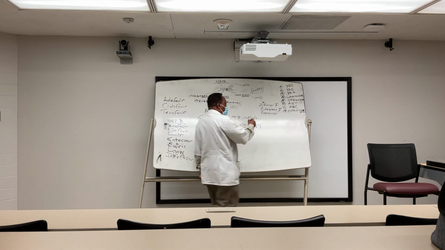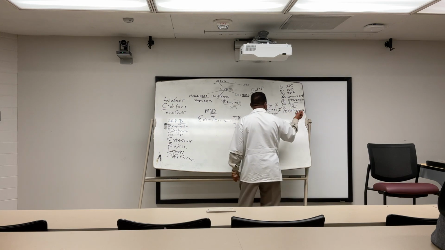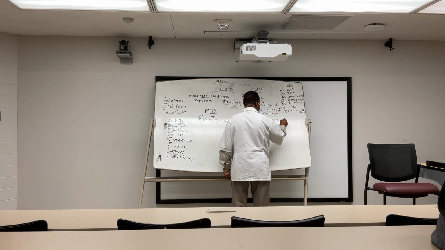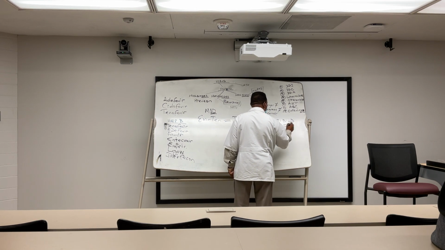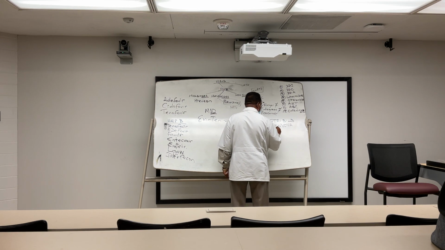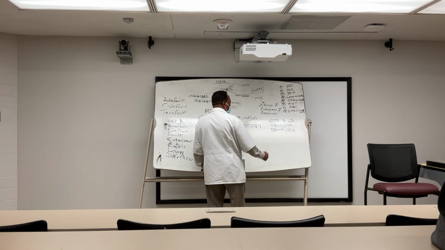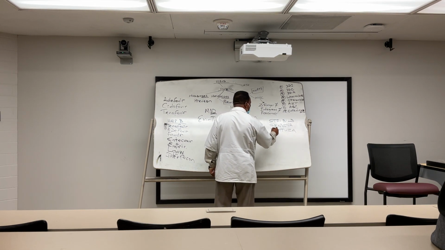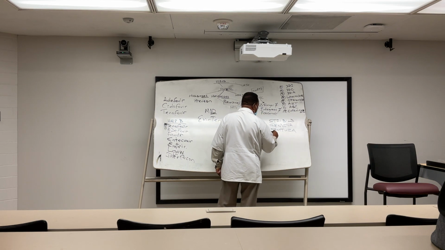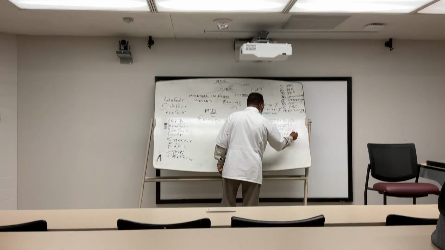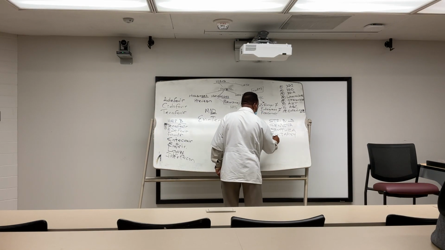And so maybe you should find out what you have in Stribild or what you have in Genvoya. Those are two. Complera is another combination that would have that. Victari is another one that will contain that combination.